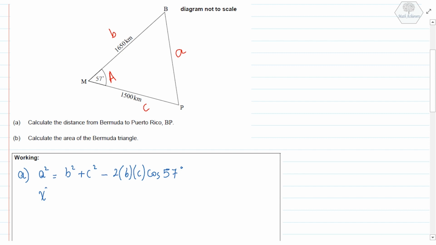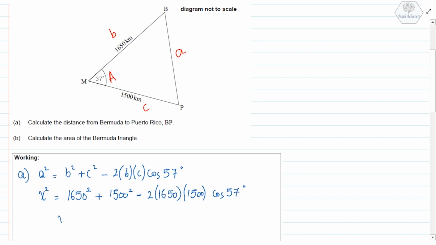I call it x. So x squared equals b squared, which is 1650 squared, plus c squared, which is 1500 squared, minus 2 times b, which is 1650, times c, which is 1500, times cosine the 57.